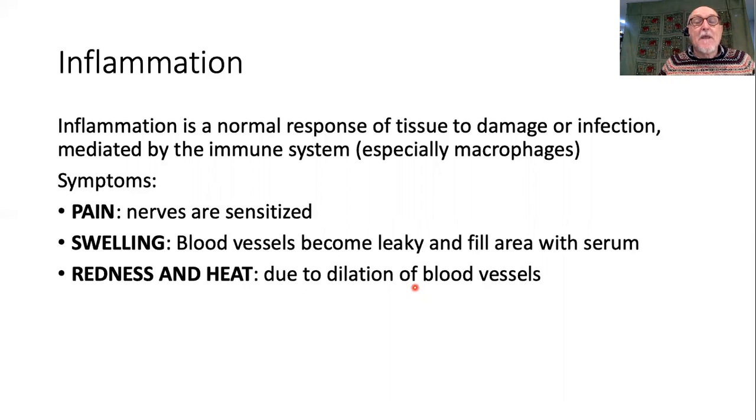It's a completely normal, healthy response. Even though it may be painful and inconvenient, nonetheless, it's a sign that the immune system is responding correctly to the presence of something like a pathogen.